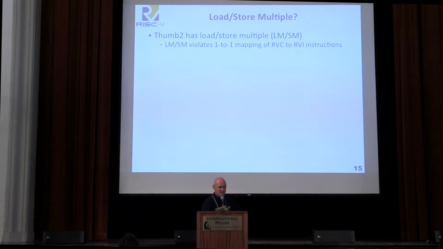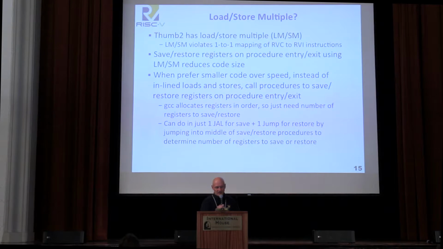A thing we spent a lot of time talking about was load and store multiple. Well, a kind of RISC idea is you don't want load and store multiple, but it's useful on saving and restoring registers. That's one place where you're going to save a bunch, and whether or not it's faster, it can save code. I don't know where the initial idea came from, but instead of having a bunch of loads or stores to save or restore registers, we can do a procedure call that saves or restores the registers.